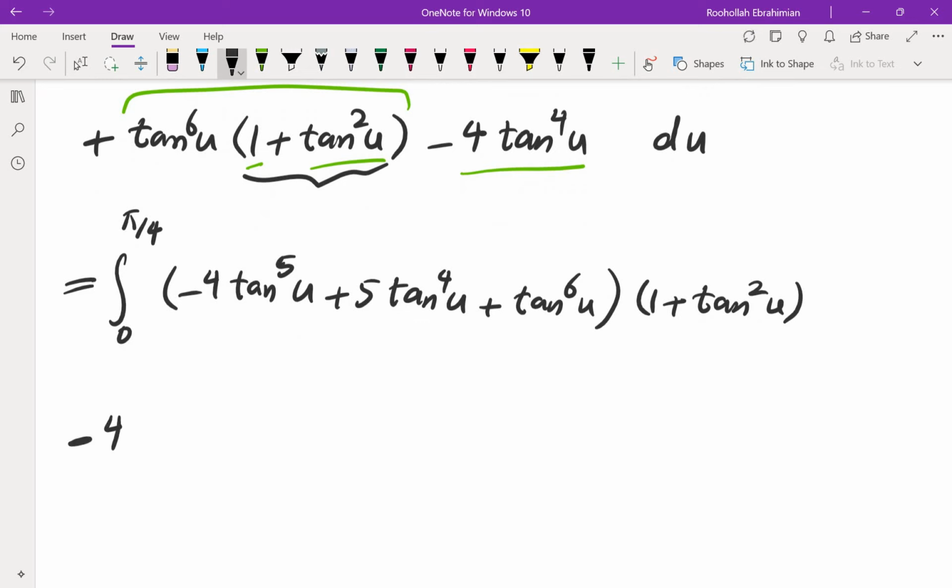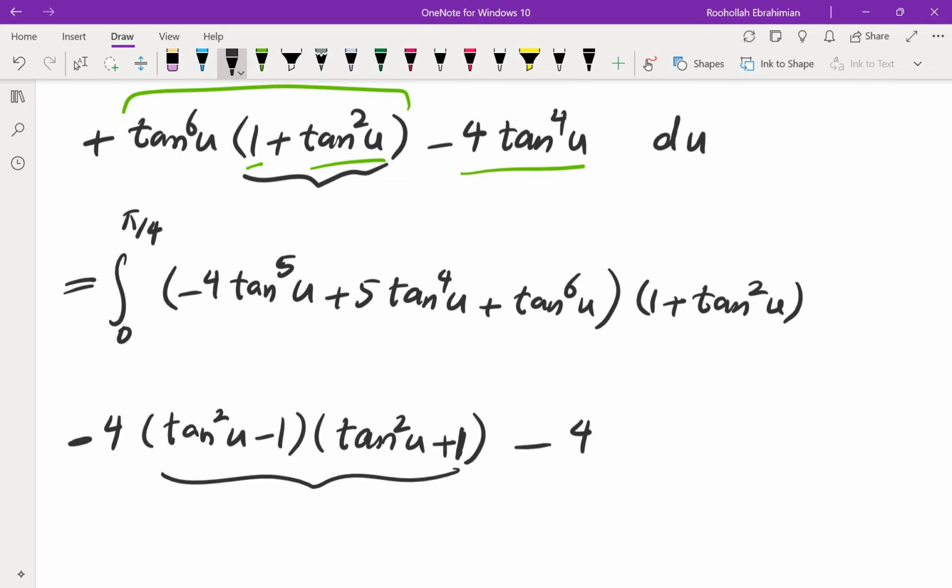We can also factor this as tan squared of u minus 1 times tan squared of u plus 1. But if we do that, then we're left with minus 4, because this would give you tan to the power of 4 minus 1, and then you have to subtract 4 to balance things out. So we get this equality.